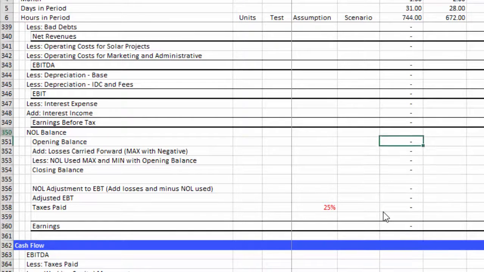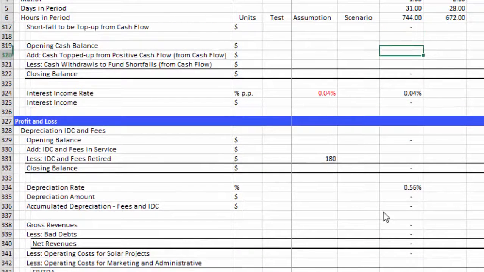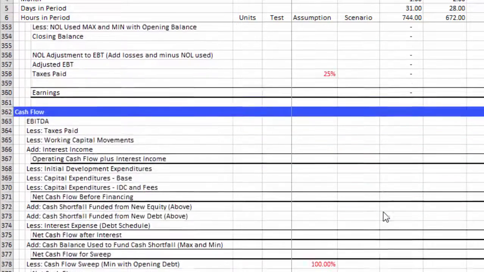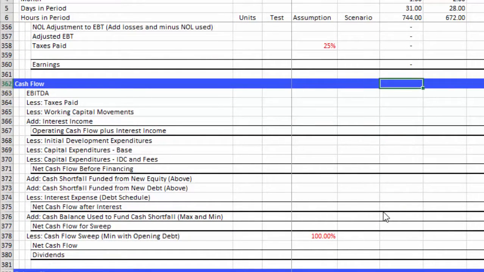Now, I think one of the biggest problems is going to be all this profit and loss. Somebody told me, which is quite true in this kind of financial modeling business, you get finished with about 95% of the model, and it's that last 5% that completely drives you bonkers.